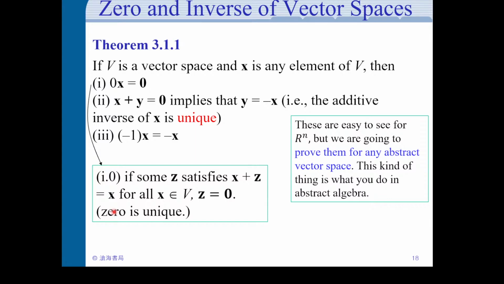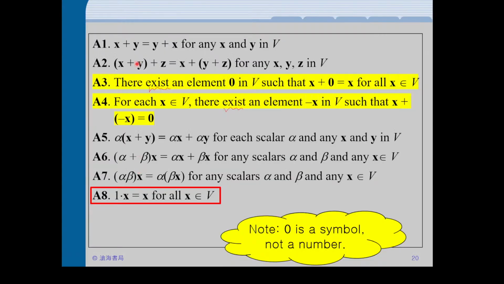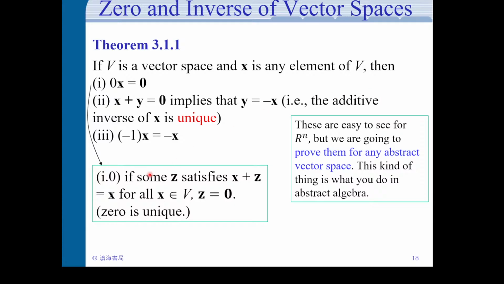So what I mean is, we know by our Axiom 3, there is a 0 such that x plus 0 equals x for x in V. And let's say there is another 0 in our vector space, so there is some z that also satisfies the 0 property.